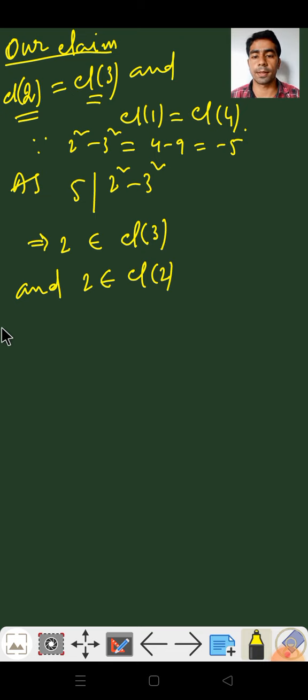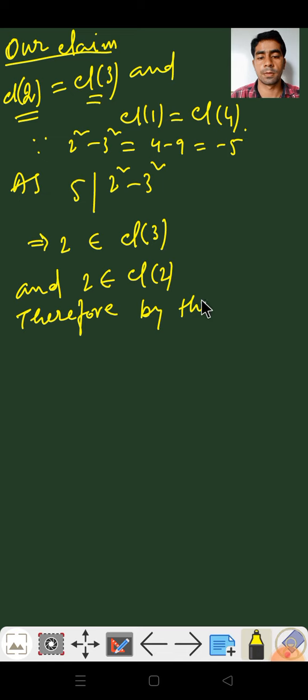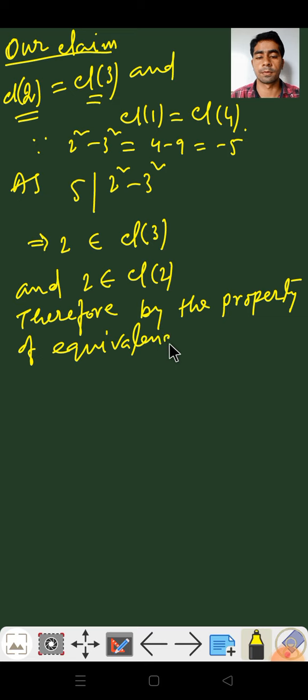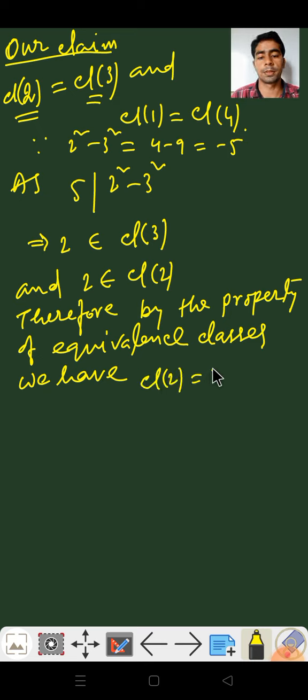Therefore, by the property of equivalence classes, we have class of 2 equals class of 3.